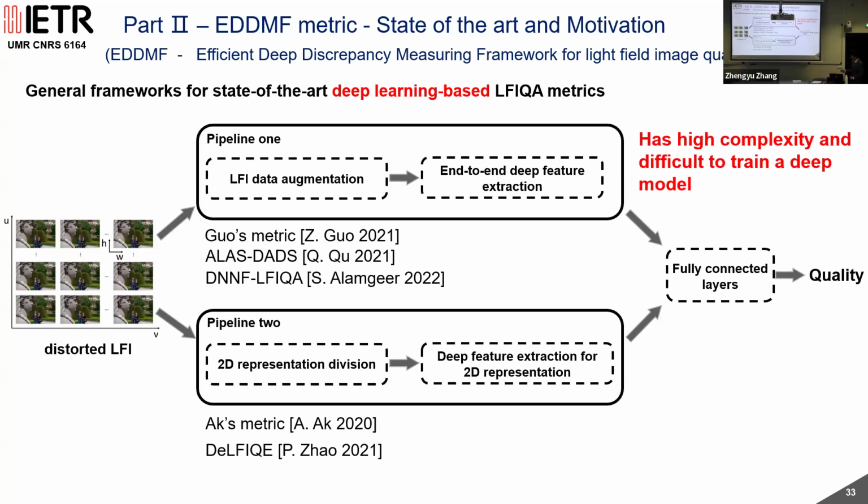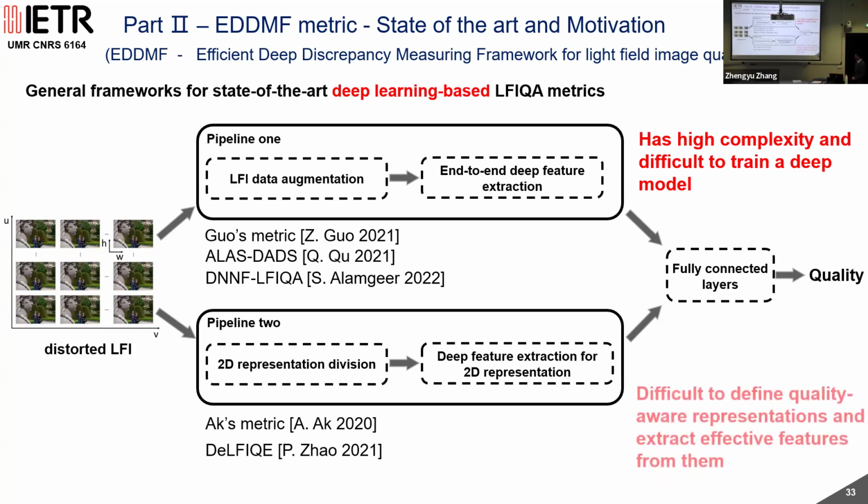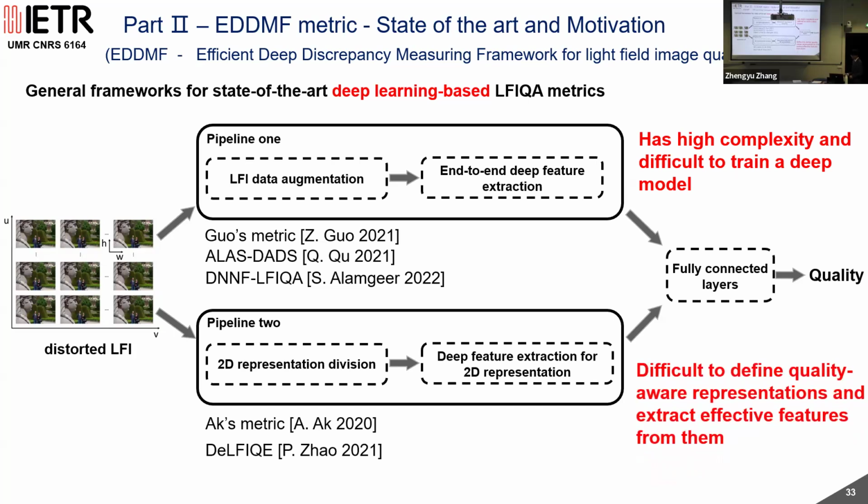The second pipeline no longer takes the whole light field image as the input. Instead, they divide the light field image into a large number of 2D representations, and then extract the deep features from these 2D representations for quality assessment. However, this pipeline also has some problems.